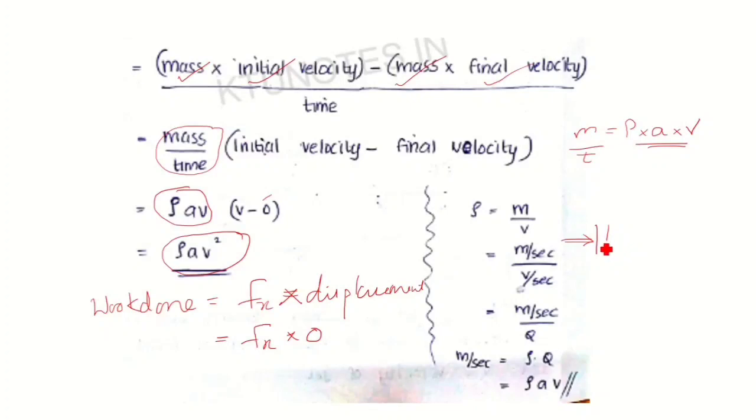Since displacement is 0, therefore work done is equal to 0. So this is the equation for the force exerted by the jet on a vertical plate when the plate is stationary. The force equation is rho a v square and work done is 0 in this case.